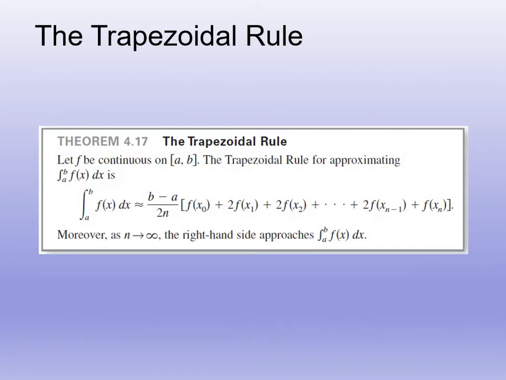So here is Theorem 4.17. It's the trapezoid rule, and we're going to let the function be continuous on a closed interval from a to b. So we can use the trapezoid rule here. The integral from a to b of f of x dx is going to be approximately b minus a divided by 2n, where n is the number of trapezoids that we're going to do. And we can see that it's going to be this sort of sum.